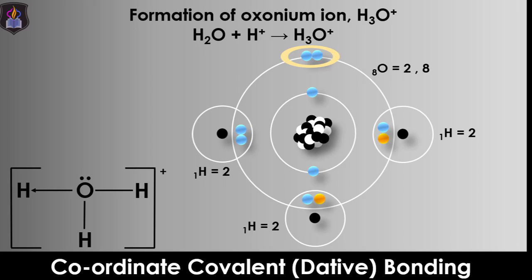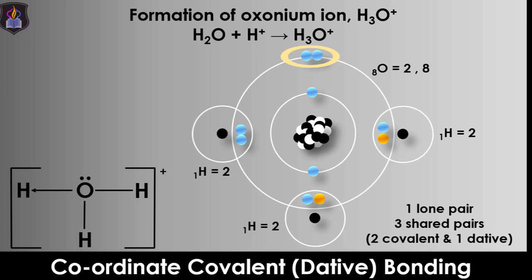At the end, there is 1 lone pair of electrons and 3 shared pairs of electrons in the oxonium ion, out of which 2 are single covalent bonds between oxygen and 2 hydrogen atoms, and 1 is a dative bond between oxygen and the 3rd hydrogen atom. This bond is represented in the oxonium structure by an arrow pointing away from oxygen to hydrogen to show that the bonding pair of electrons was solely donated by the oxygen atom.